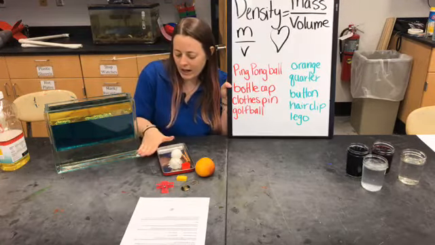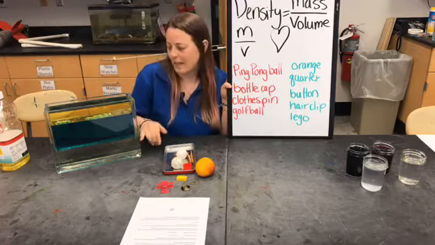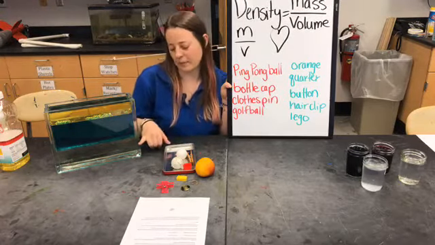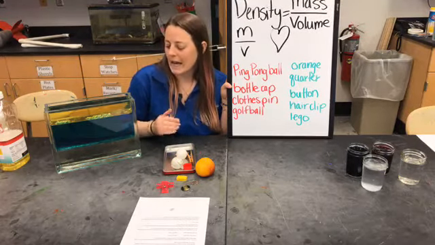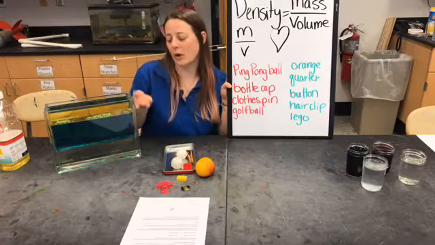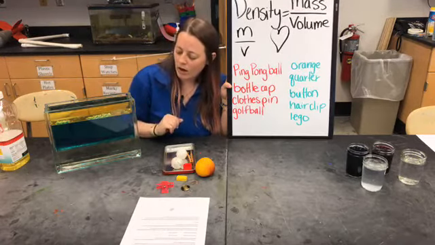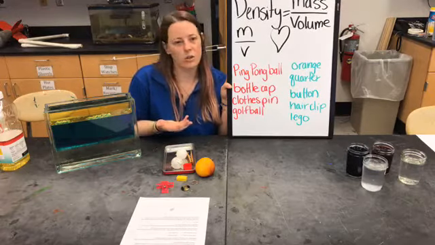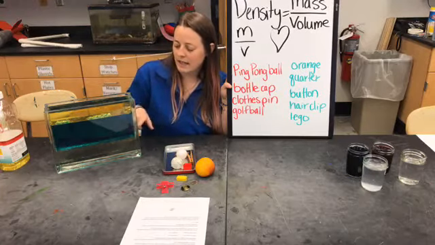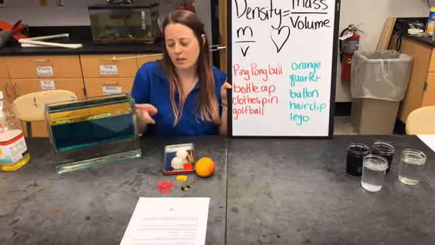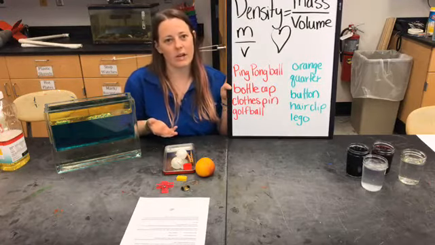Our bottom layer is all the way at the bottom because it's the most dense, and that today is our corn syrup. The top layer is our oil, and that is the least dense, so it's floating all the way up to the top. Then we have our middle layer, which is just colored water, straight from the sink. And that has a density that's in between these two layers, and that's why it looks like it's stuck in between.